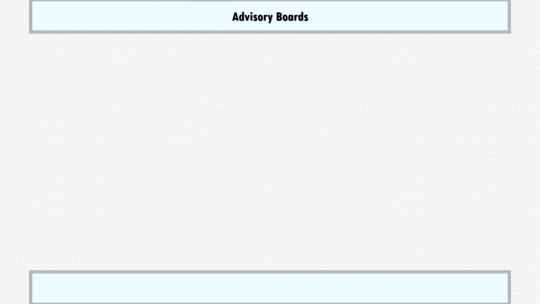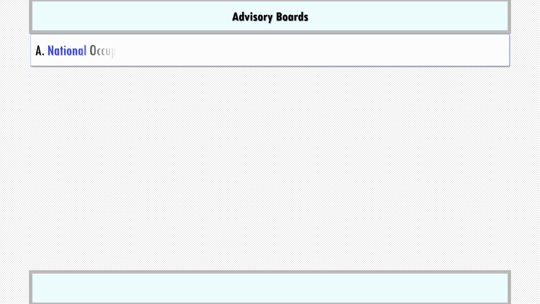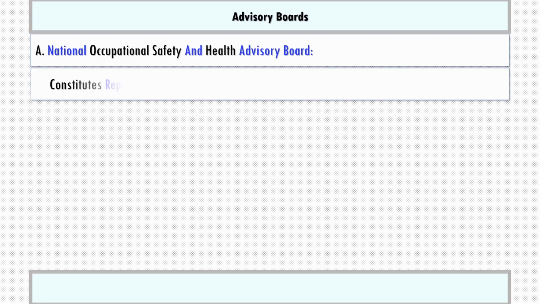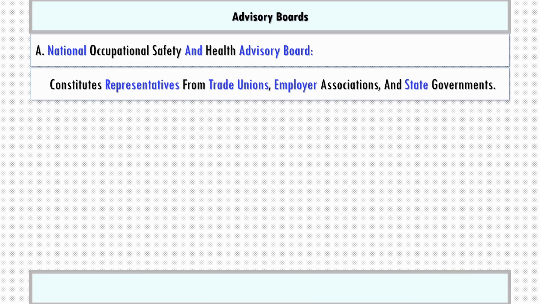The code envisages constitution of two types of advisory boards. National Occupational Safety and Health Advisory Board is constituted with representatives from trade unions, employer associations, and state governments.